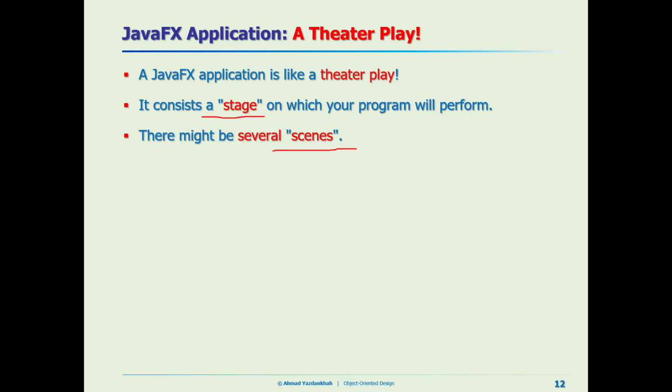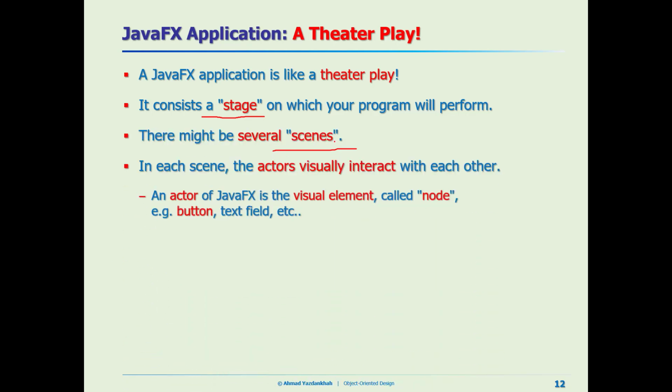And also in each scene we have a lot of actors. These actors are the visual elements of the Java application. So we call them a node, right? And here are some examples.